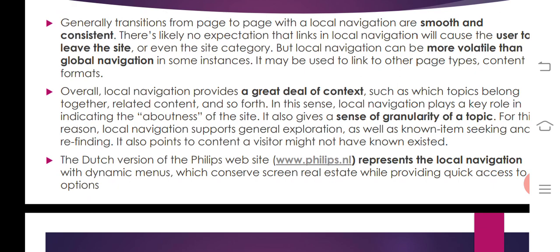Overall, local navigation provides a great deal of context, such as topics grouped together and related to the content. So local navigation plays a key role in indicating the aboutness of the site, and also gives a sense of the granularity of the topics.